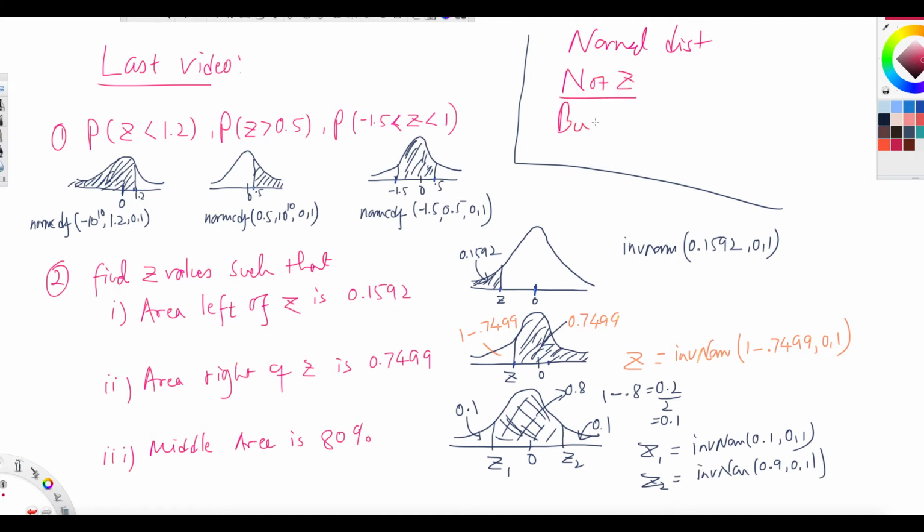We will be working with X distribution, meaning X will be normally distributed with mean different from 0 and sigma different from 1. If it was the G distribution, it was normal with mean 0 and sigma 1, but now the mean is different from 0 and sigma is different from 1. So we will be working like that.